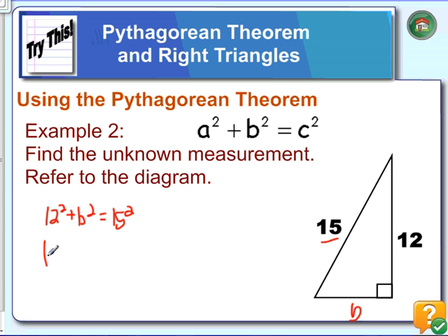So we have 144, because 12 squared is 144, plus b squared equals 225.